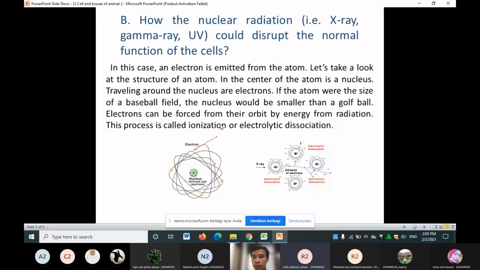Traveling around the nucleus are electrons. If the atom were the size of a baseball field, the nucleus would be smaller than a golf ball. Electrons can be forced from their orbit by energy from radiation. This process is called ionization or electrolytic dissociation.